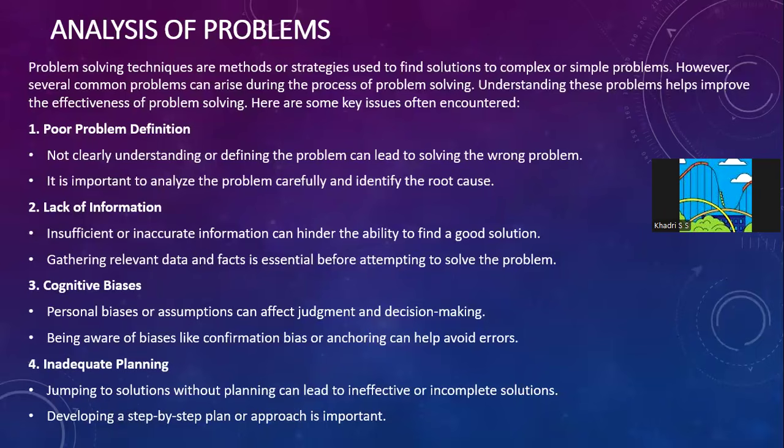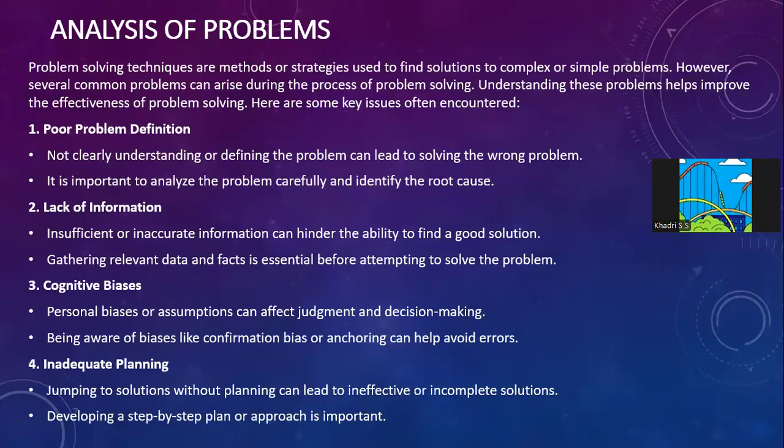Third one, cognitive biases. Personal biases or assumptions can affect judgment and decision making. Being aware of biases like confirmation bias or anchoring can help avoid errors. Fourth one, inadequate plan.